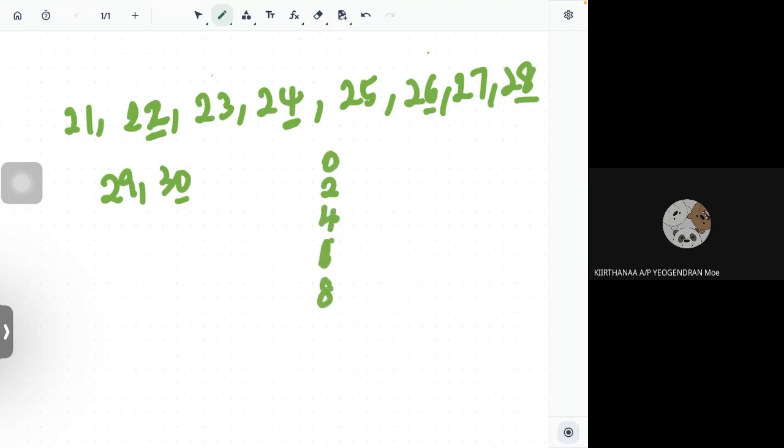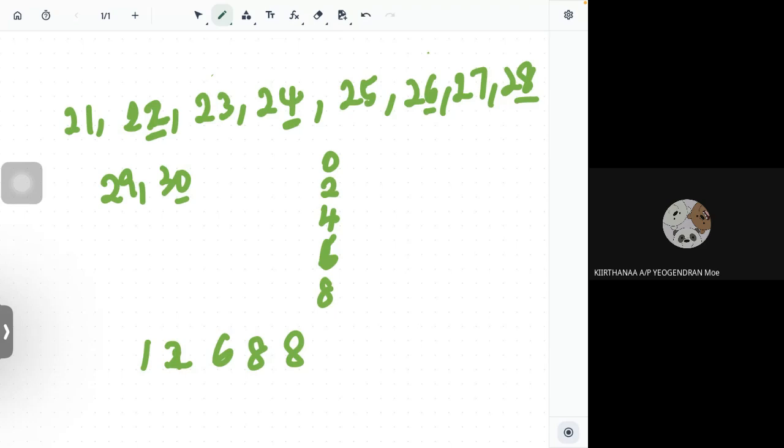Okay, when you see this type of numbers, these are even numbers: 2, 4, 6, 8. For example, 1, 2, 6, 8, 8. Is this a prime number? No, sir.